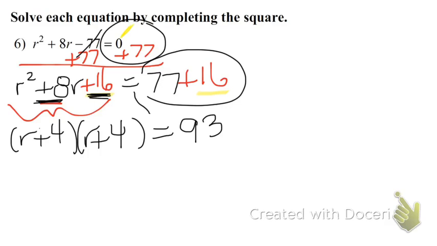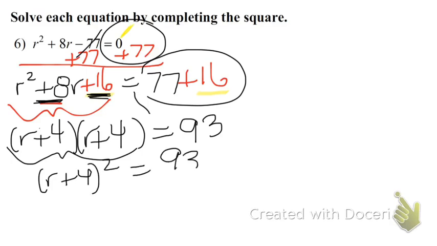Okay? The whole point of that is this is now a perfect square. This is r plus 4 squared. And on the right side I have a 93. I know I added that up a step earlier than I did in the past. That's okay. It doesn't matter either way.